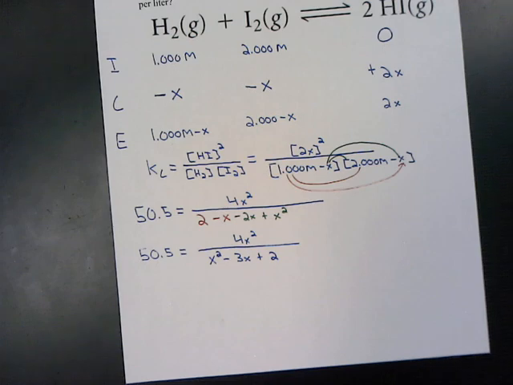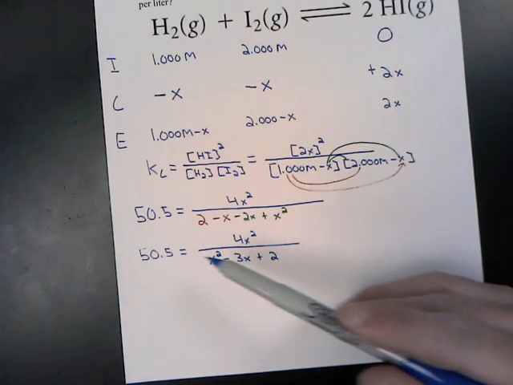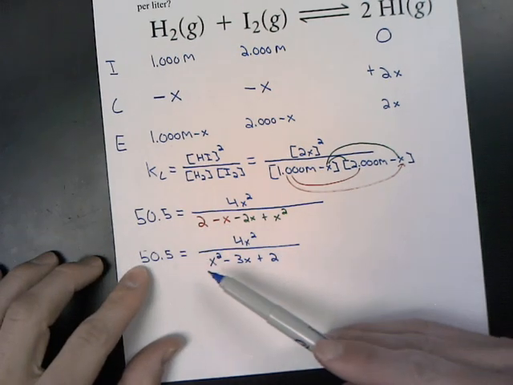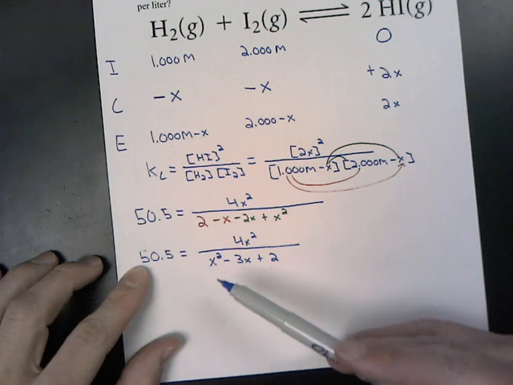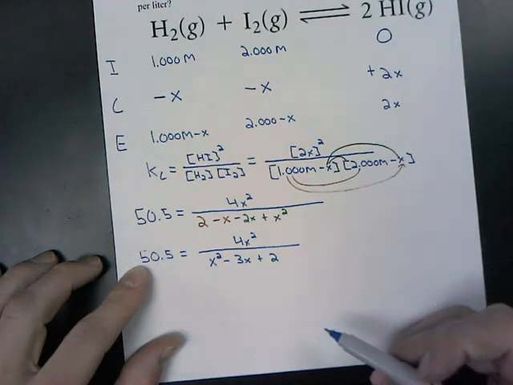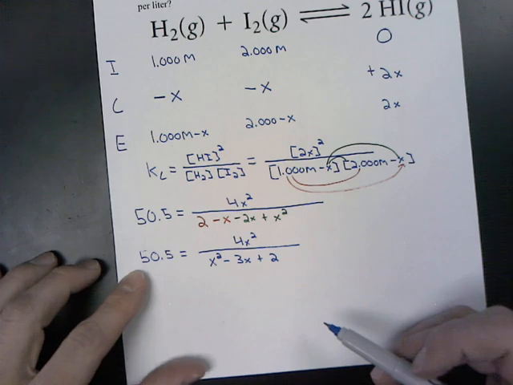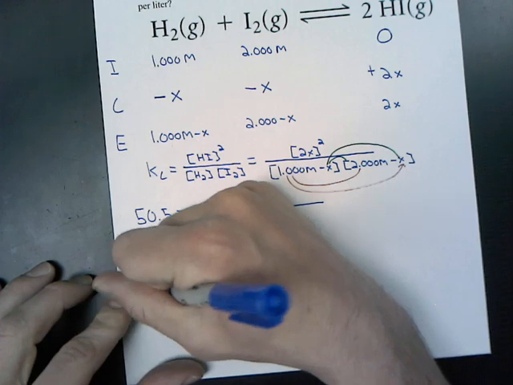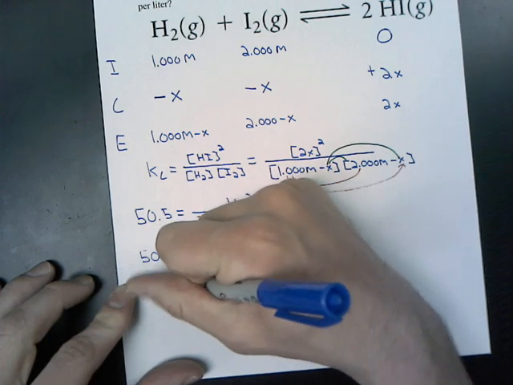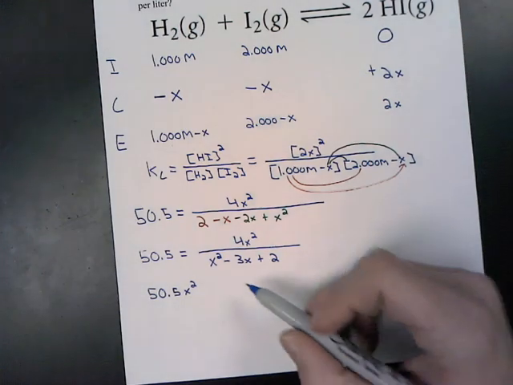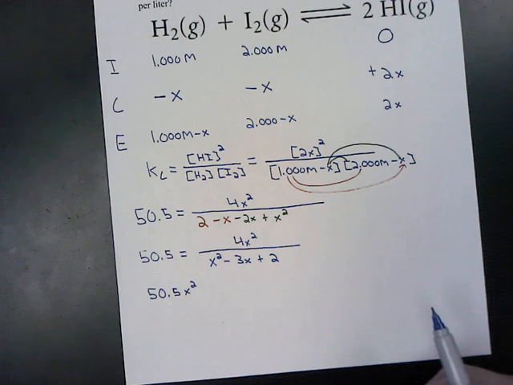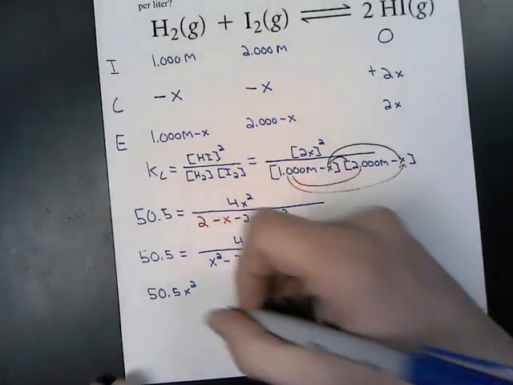So what we have to do now is a little cross multiplication. I'm going to multiply everything that I have here by 50.5, and set it equal to our 4x squared. So 50.5 times x squared gives us 50.5x squared. 50.5 times a negative 3, I'm going to double check myself on the calculator, gives us 151.5.